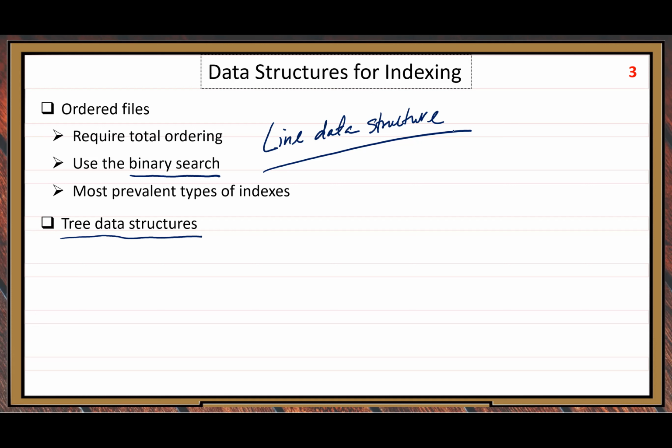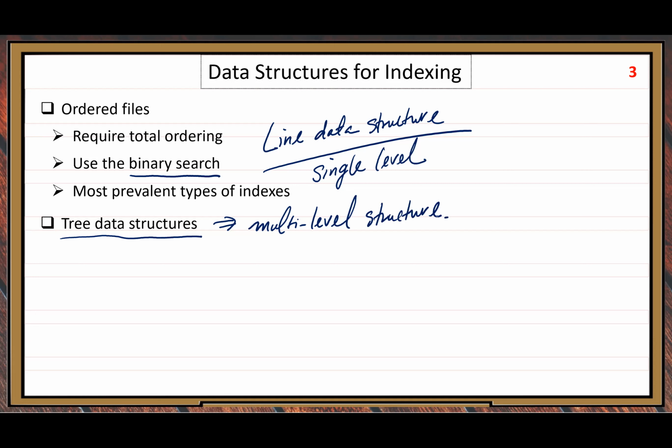This structure is single level, it has only one level. A tree structure has many levels, from the root at the top down to the leaf at the bottom. So this is a multi-level structure.